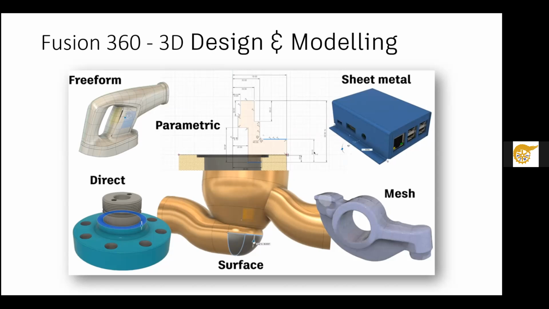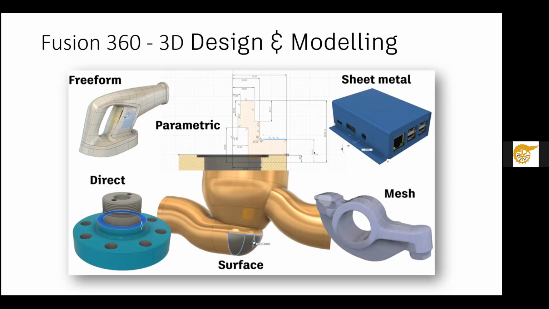And Fusion 360 has that, but it also has other things like freeform design, where you can actually create some pretty exotic and complex surfaces, like you see there on the top left corner of the graphic. We have mesh design, which you can actually import meshes, you can measure and modify meshes, fill holes, make corrections, and other things like that.